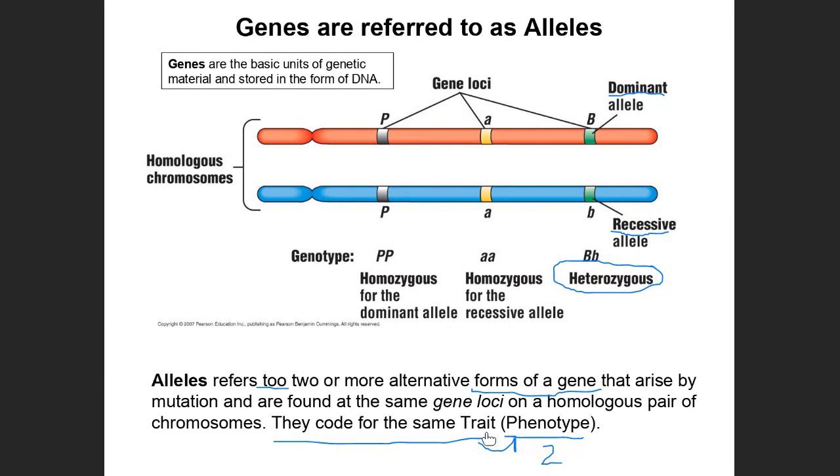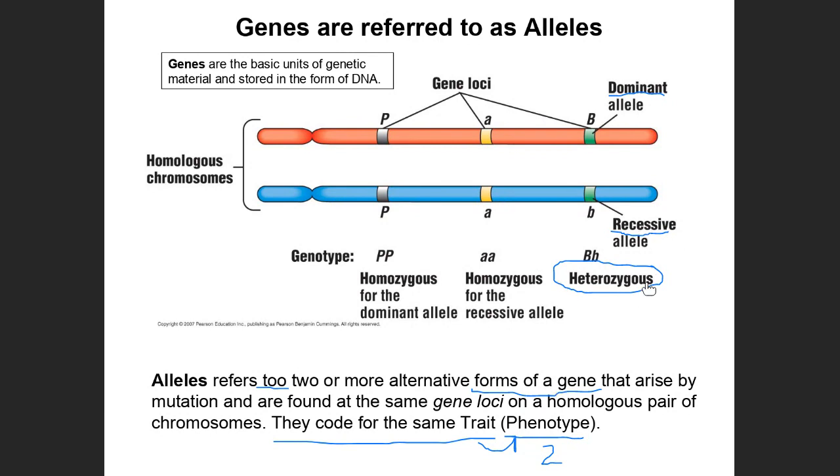But what was discovered is that one of these two forms of the gene only determines the phenotype. The other one is covered up by this other form. Therefore, the one that is covered up or hidden is the recessive phenotype, and the form of the gene that codes for it is called the recessive allele.